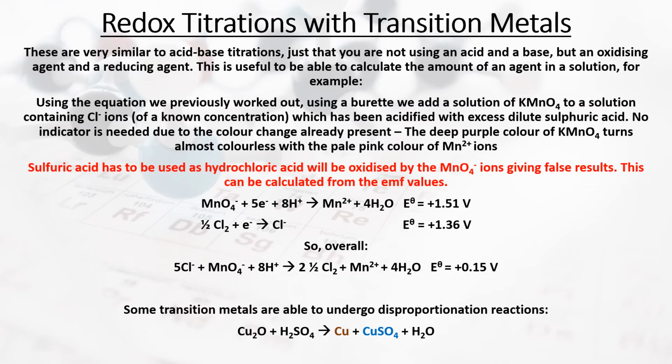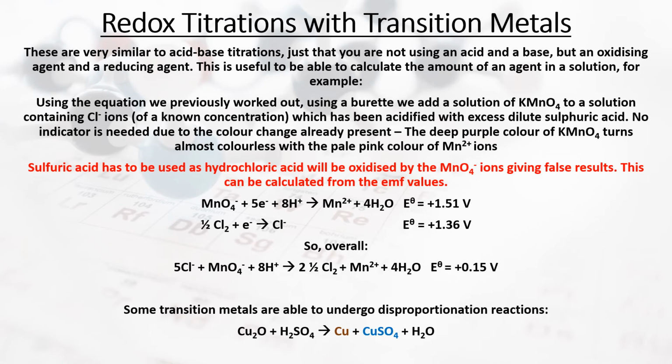So we have to multiply this chlorine equation by 5 to get 5 electrons that will cancel with the 5 electrons in the top equation. We then add together all of the reactants on the reactant side, add together all the products on the product side, cancel out the 5 electrons on both sides, and our overall equation comes out to be 5Cl minus plus our manganate ion plus 8H plus going to 2.5 chlorines plus Mn2 plus 4H2O.